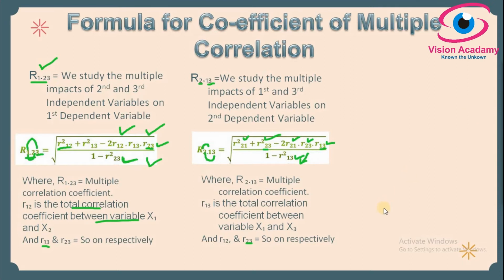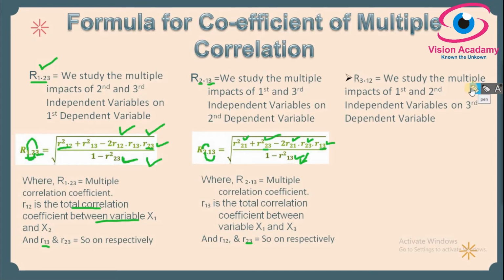So let us consider the last formula, that is R3.12. Here we consider the dependent variable as 3 and 1 and 2 as independent variables. The formula again is very easy. The same logic we applied to formulate the formula in case of R1.23 and R2.13 is applicable here.